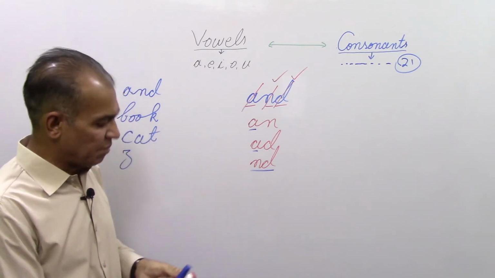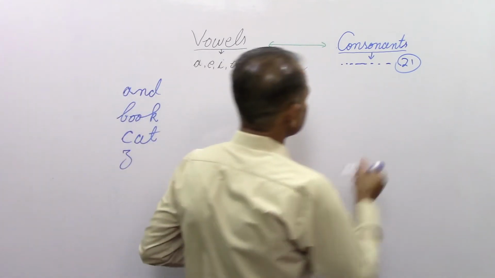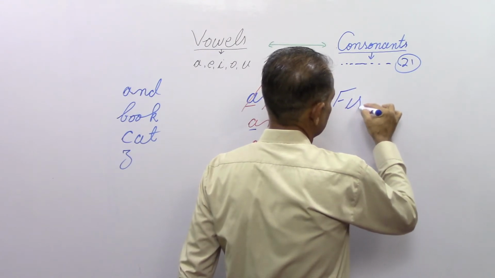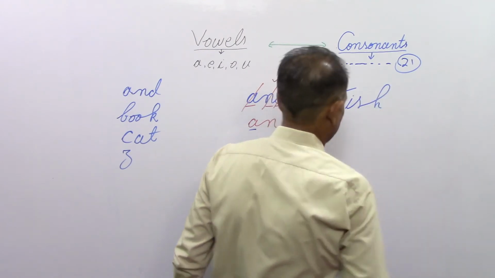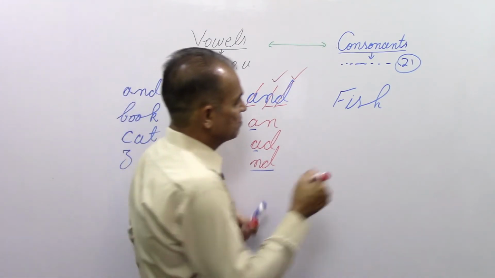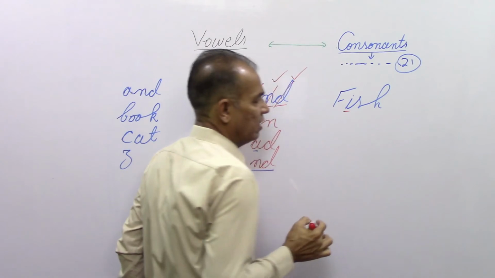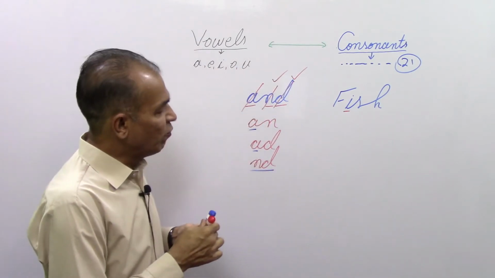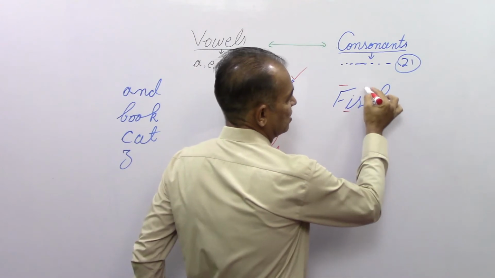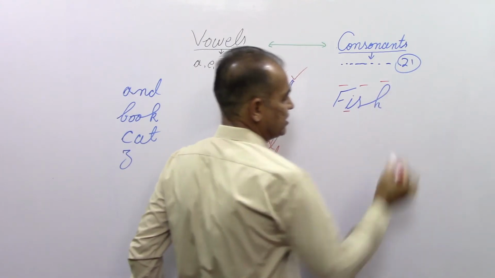Let's take another example. For example, the word "fish." In fish we have 4 letters and only 1 vowel, and F is a consonant, S is a consonant, and H is also a consonant.